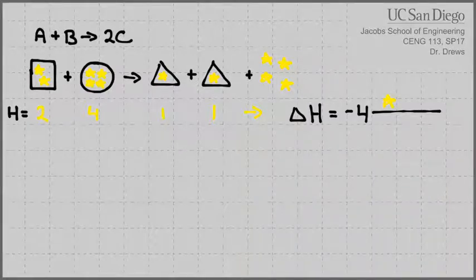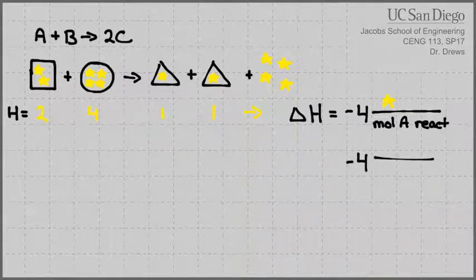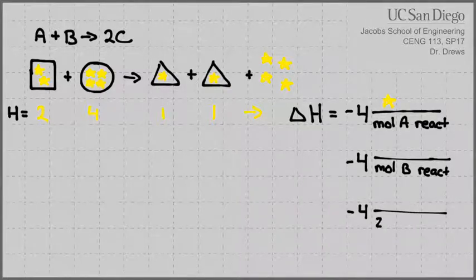We were free to pick those units however we wanted, within reason, right? We had to pick them on a basis of one of the molecules that was occurring in here. So for example, we could have said that you get 4 stars for every mole of A reacted, or you could get 4 stars for every mole of B reacted, or you could get 4 stars for every mole of C produced, except that we're producing 2 moles of C. Right?